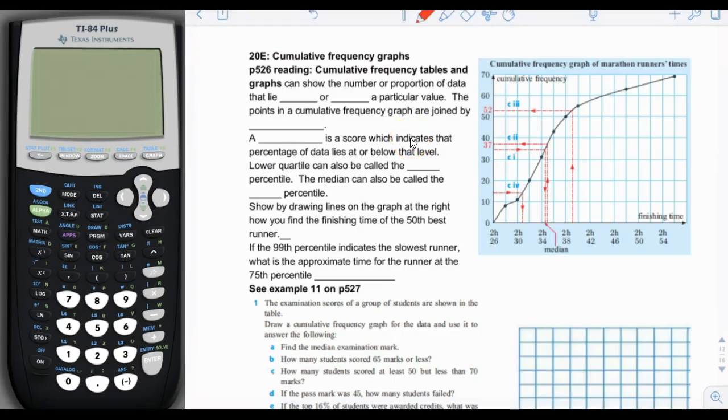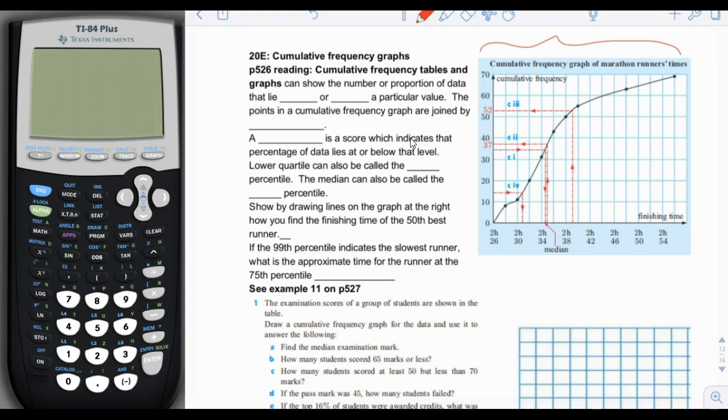Okay, here we can see a different way to show the data that we've been looking at up to now, called a cumulative frequency graph. Cumulative frequency graphs also show median, first quartile, third quartile, or also called lower and upper quartile.